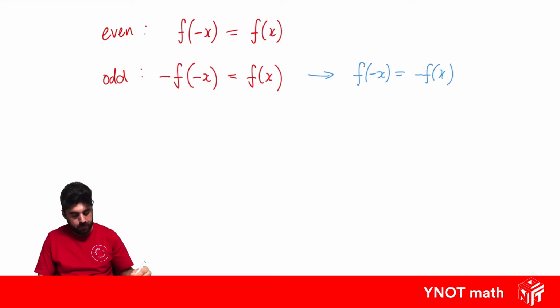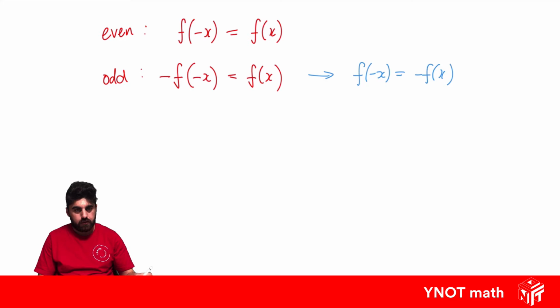It's actually the same thing, where the minus I have is just moved over to this side. But I like using this definition here because it relates it back to our original function. And it makes it a lot easier because you only have to check one thing against the original function.